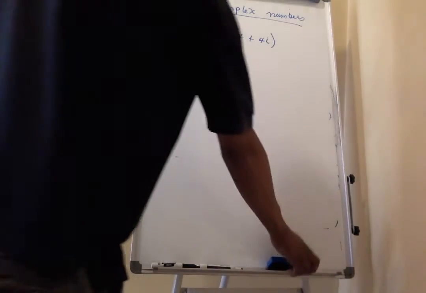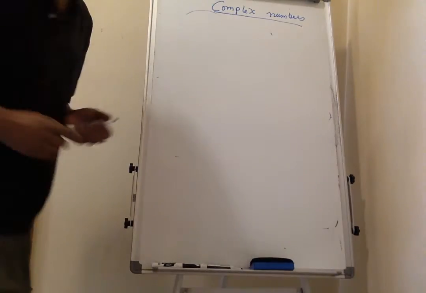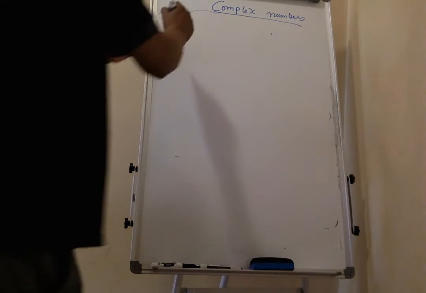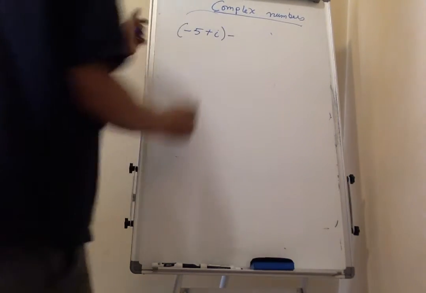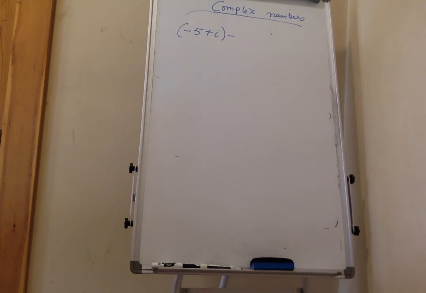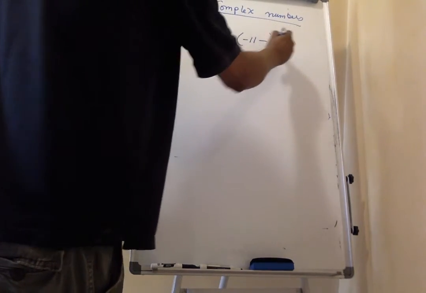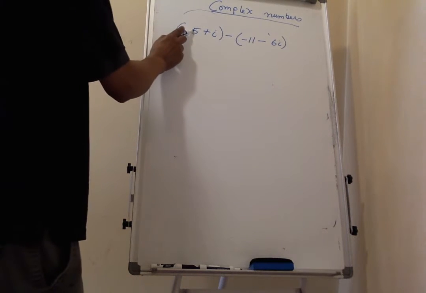Probably let me do another one. Okay. Suppose you have negative 5 plus i minus negative 11 minus 6i. Again, combine like terms. Go ahead. You have negative 5 here.